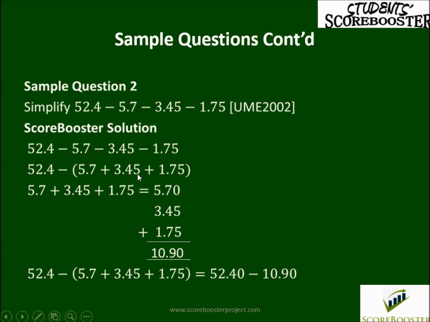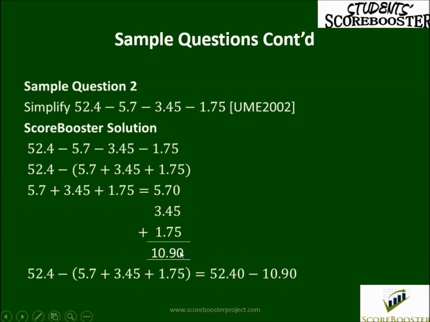Now, since we have the terms in brackets here, we now simplify, because according to BODMAS, you simplify the expression in the bracket first. Simplifying the expression in the bracket, we could align the decimal numbers using their decimal points. So you add 5 plus 5, you have 10.